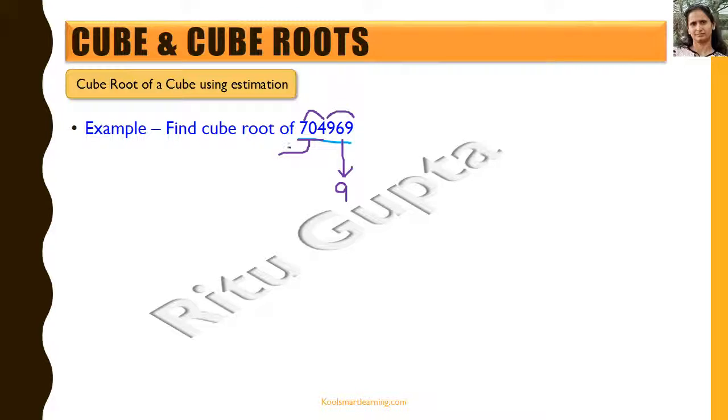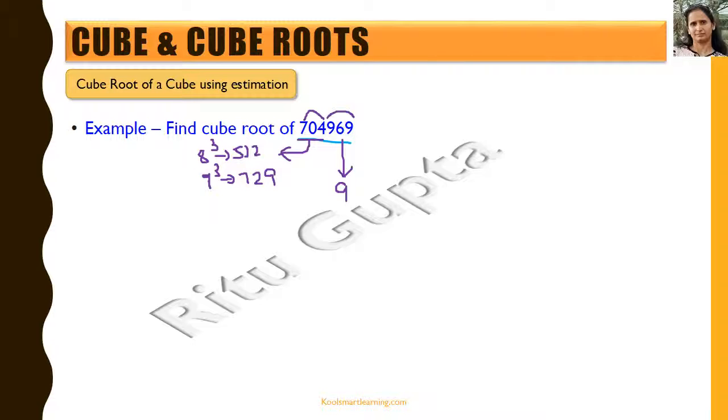This lies between 8 cube, which is 512, and 9 cube, which is 729.